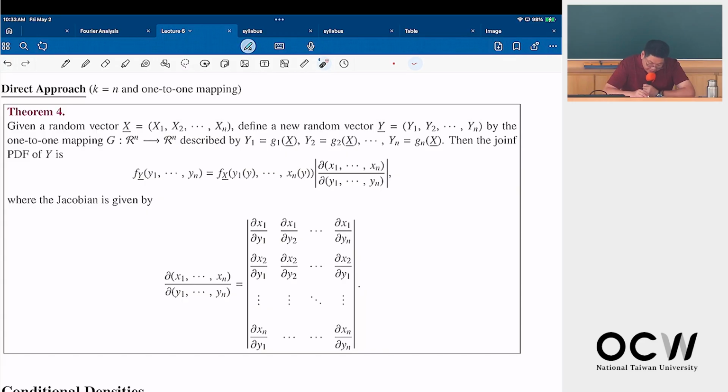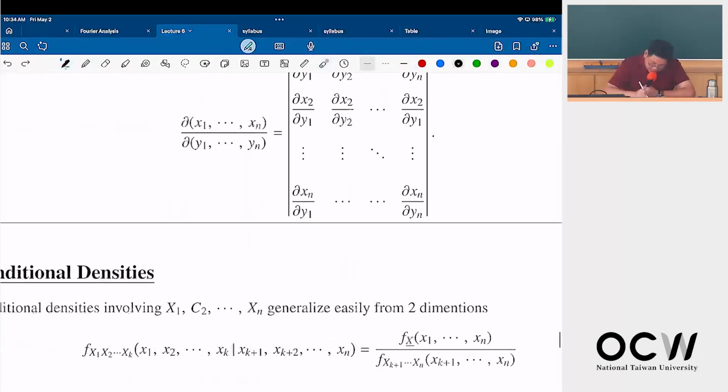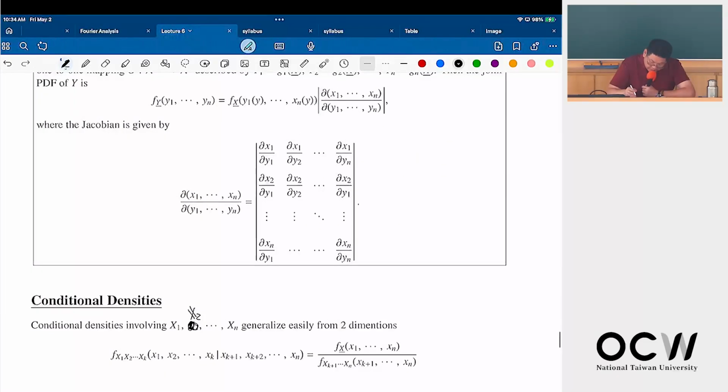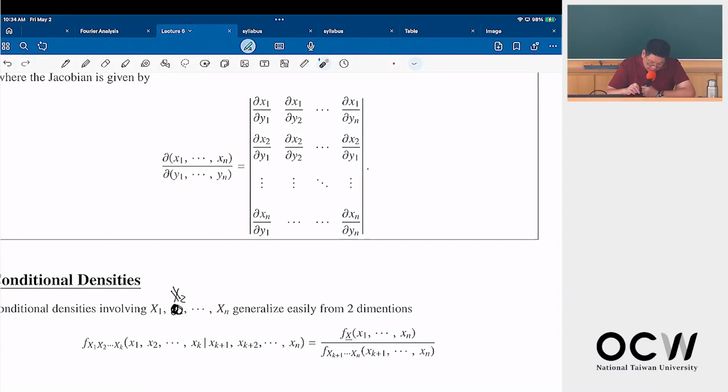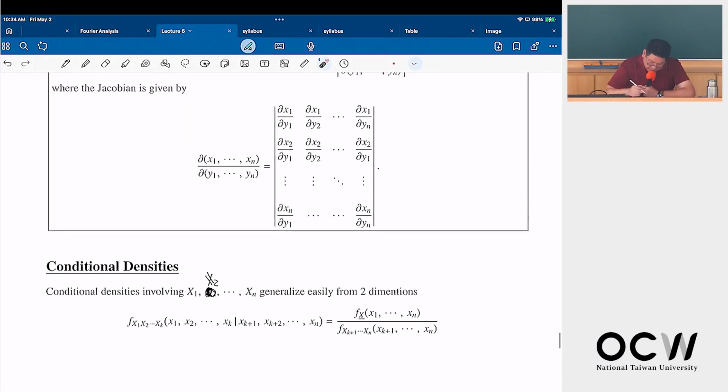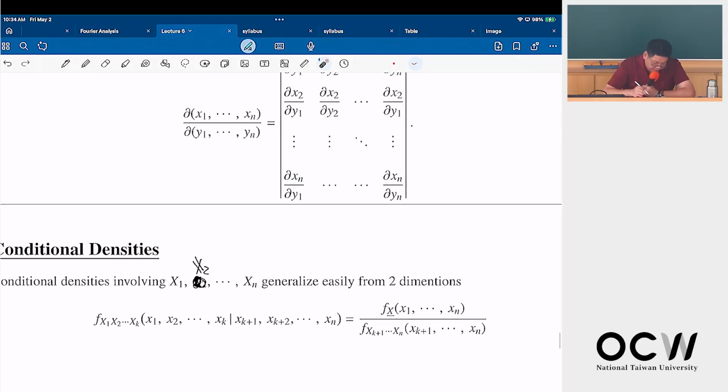And since I have so many random variables, I may find the conditional densities. So how do I express the conditional densities? For the conditional densities, what is the conditional PDF of x1 to xk, conditioned on xk+1 to xn?